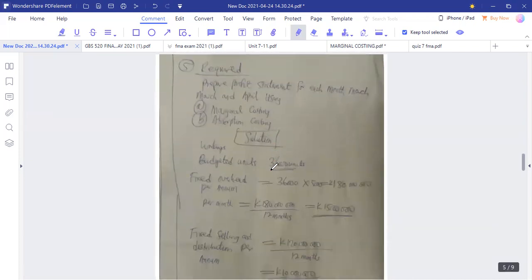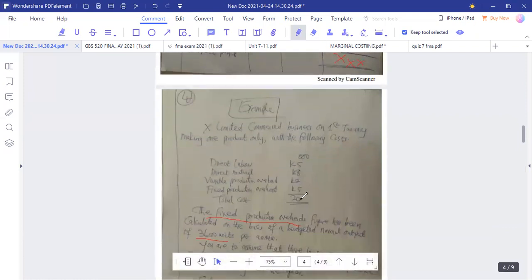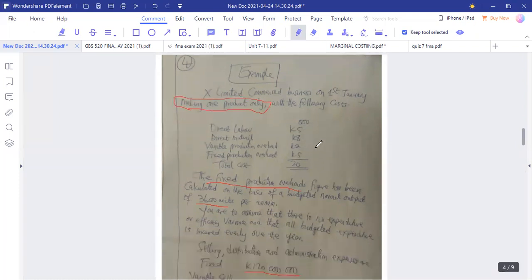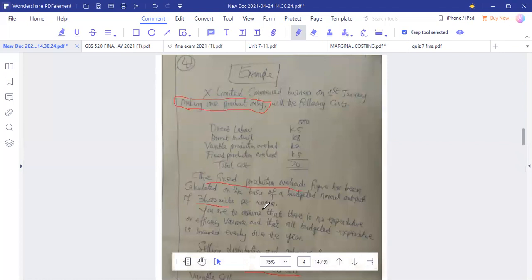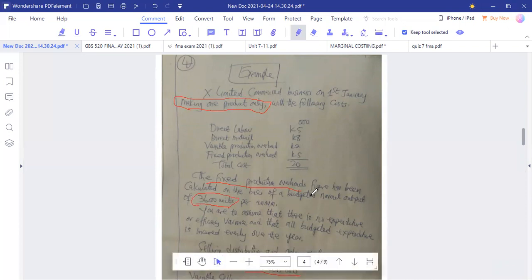All right. Now, we have here the fixed cost per unit. Fixed production overhead is 5,000 per unit for one product, one unit. So the fixed production cost per unit is 5,000. Now, how many units were budgeted per annum? 36,000. So we can find the total fixed cost for the year.